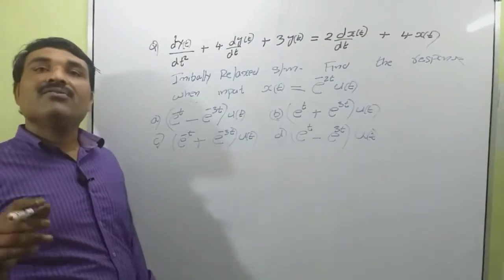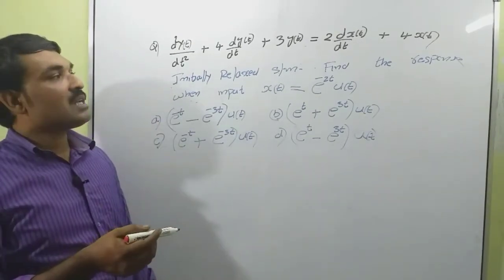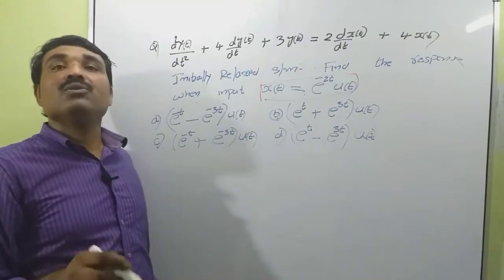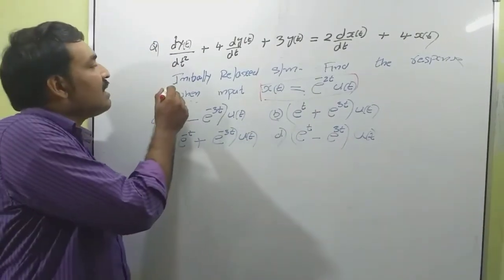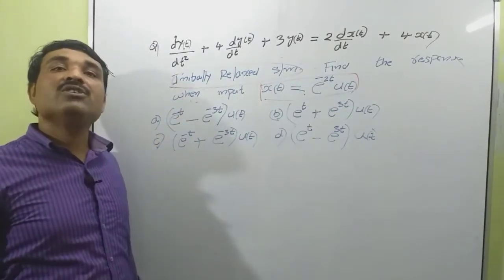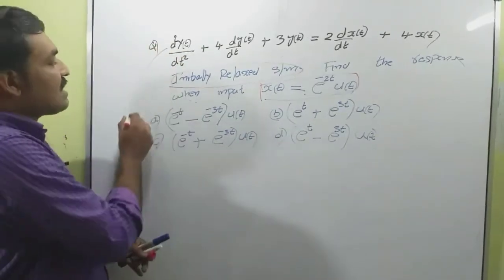A second order differential equation is given, and we want to find the response corresponding to an input x(t) is equal to e raised to minus 2t u(t). And they are saying the system is initially relaxed. Initially relaxed means all the initial conditions are 0. Now find the transfer function.